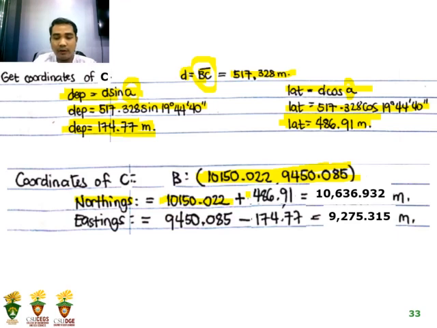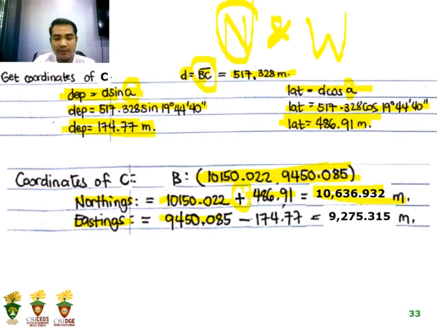I-add na to ang 486.91 since kaya nga to ang bearing, is naka-north and west, so naka-northwest man siya, so si north mo na siyang positive ni siya kani, positive. So positive 486.91, we will have a value of 10,636.932 meters.